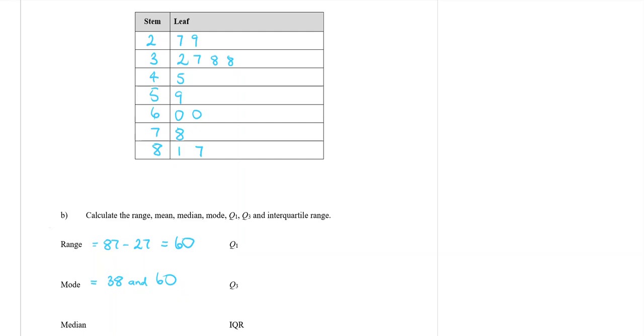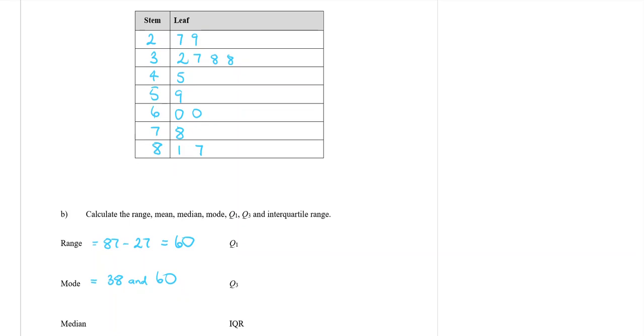Median is the middle. All right, I'm going to count up the leaf so that I know how many numbers I have. 1, 2, 3, 4, 5, 6, 7, 8, 10, 11, 12, 13. Did I count that right? 13? Okay, so if there's 13 numbers, then I'm going to do my 13 plus 1 over 2, which is 7.